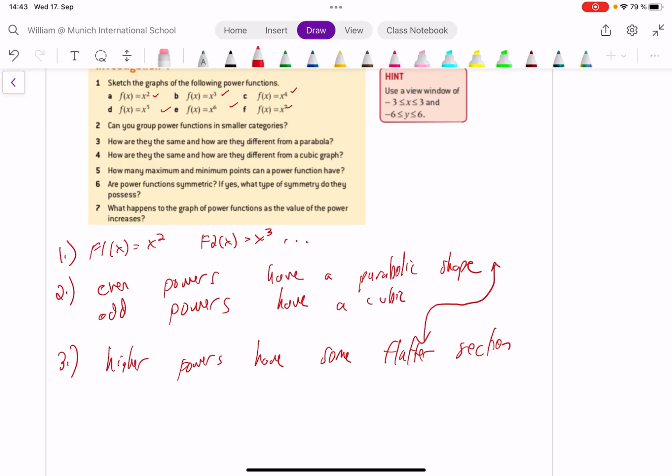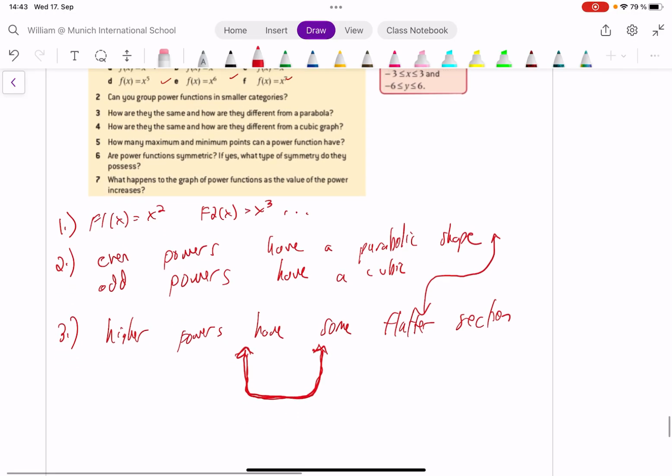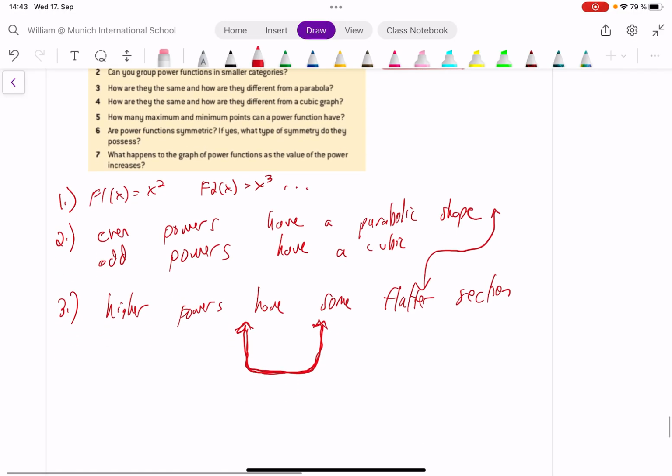Then it says, how are they the same or different from the parabola? This is the idea, they look like a parabola, but they have these flatter bottoms. Something like x to the 10th would look like this, really flat on the bottom, but still kind of curves and does this parabola shape. How are they similar and different to the cubic function? Well, it's the same thing.